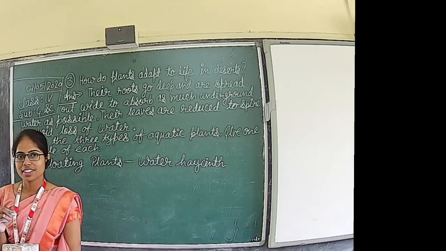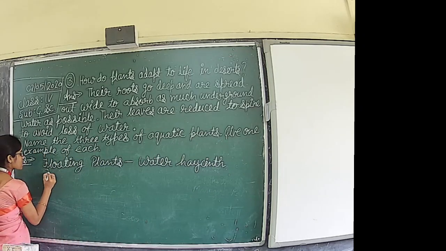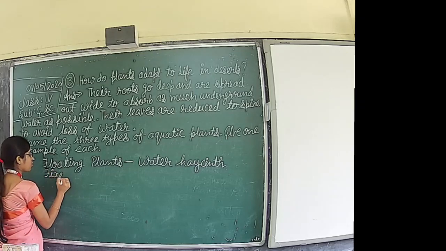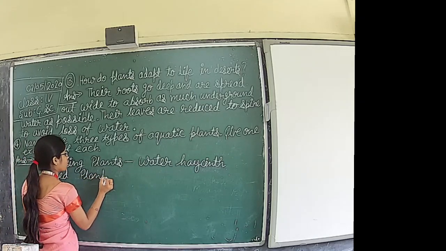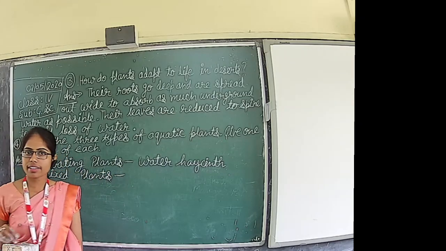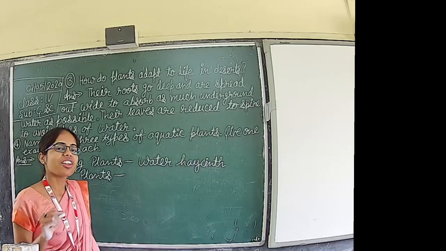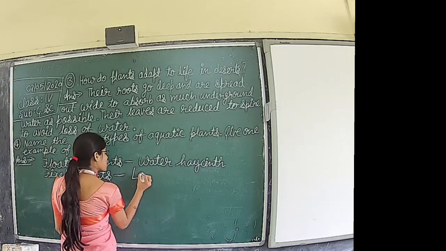Then the next categorization is fixed plants. And the example of this category is your national flower. What is that? Yes, now I think you might have known the answer.